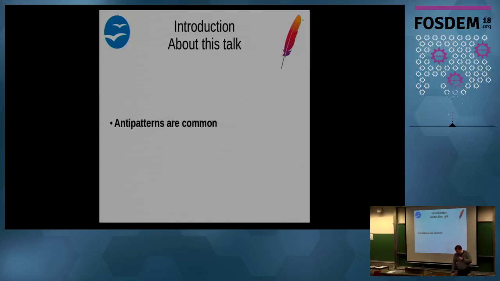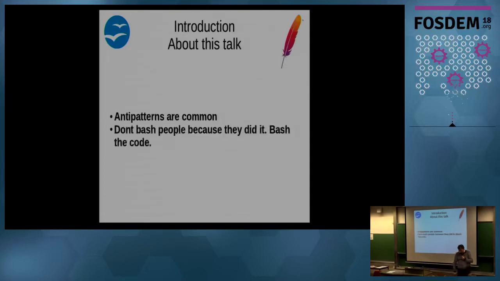Even though I have not told you yet what an anti-pattern is, we will look at what people did. We will assume what might have happened. But it's not to bash people. That's very important for me. It's to bash the code. There's something not very well done with the code, and it happens always.